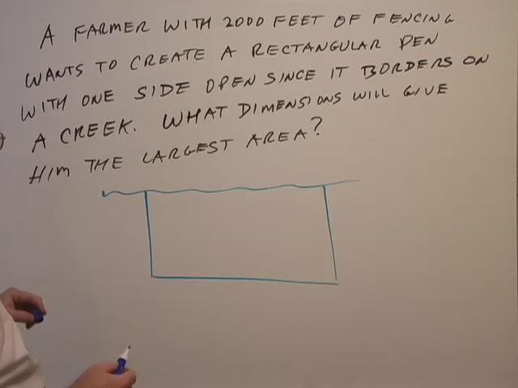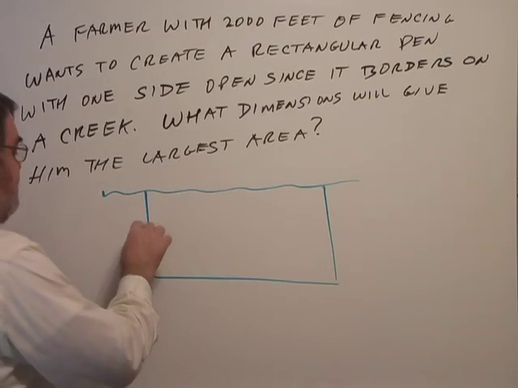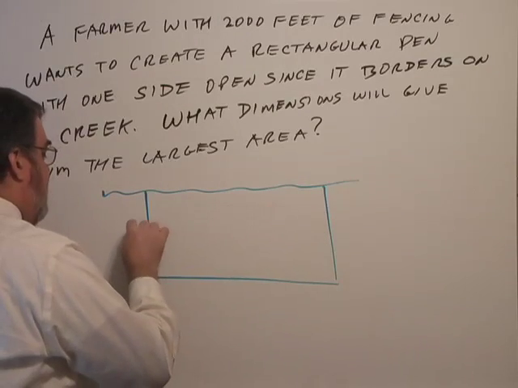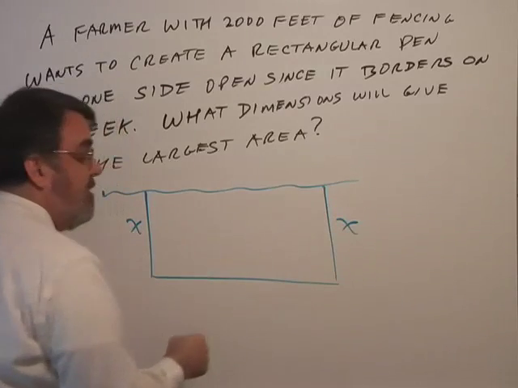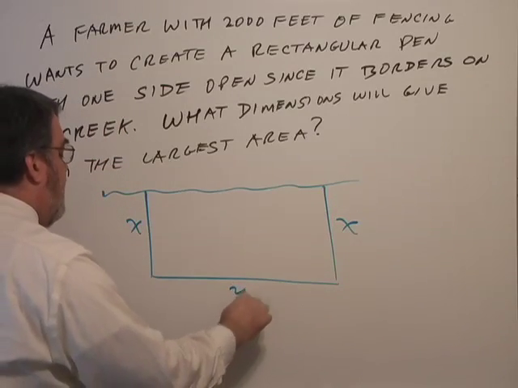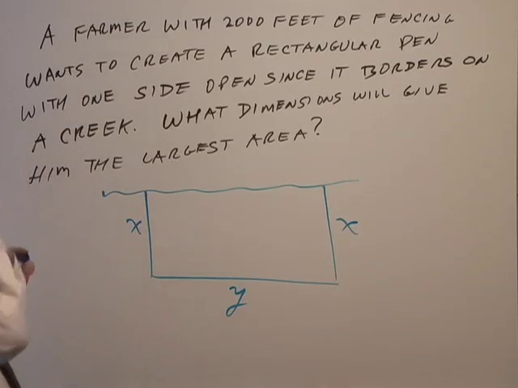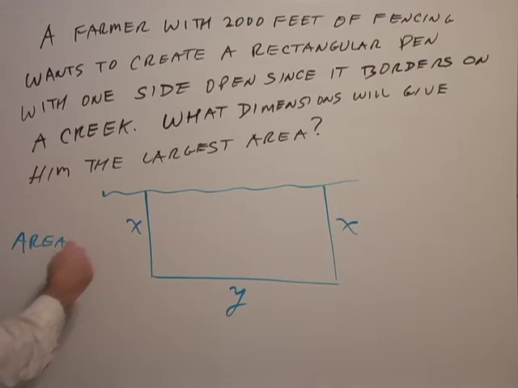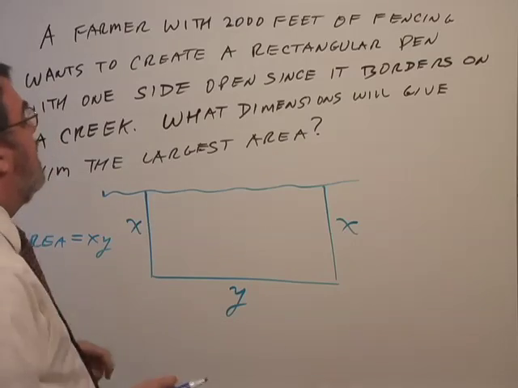Well, with 2,000 feet, we have two sides, which I'll call x, and this side, let's call that y. And so the area, already we know what that is. The area would be x times y, wouldn't it? Length times width.